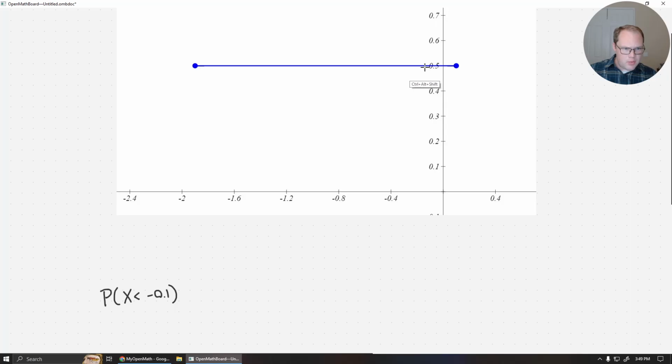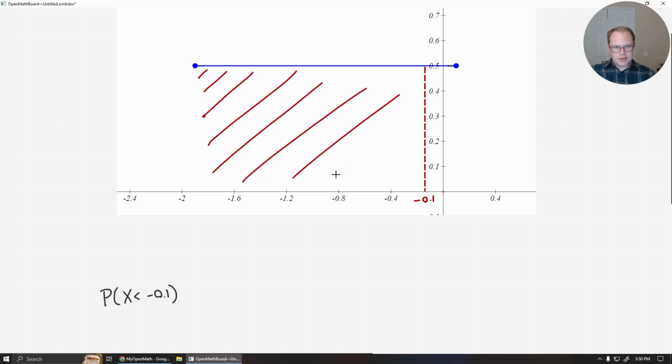That's going to be right around here. And we want the x's that are smaller than that negative 0.1. That's the region we're interested in. Smaller values are to the left on the x-axis, so that's the part that I'm going to shade. I'm interested in this region right here, the part to the left of negative 0.1.